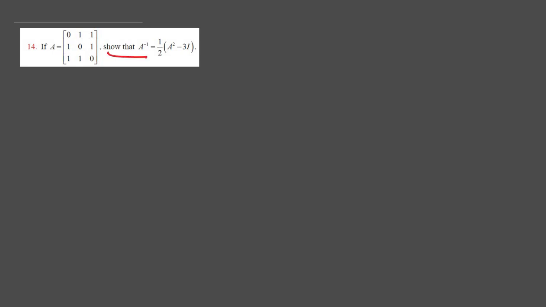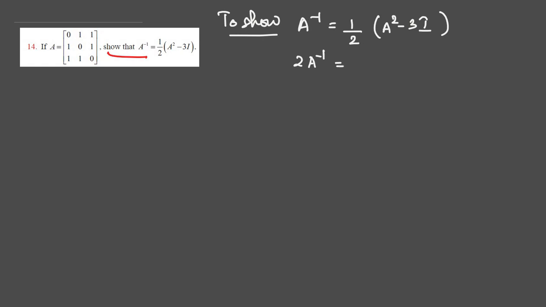We are asked to show in this question that A inverse is equal to 1 by 2 times A square minus 3I. I am going to simplify this equation. It can be written as 2A inverse is equal to A square minus 3I. Now multiply with A throughout.